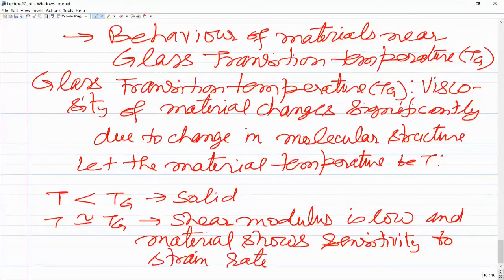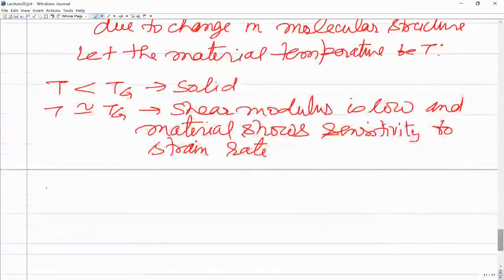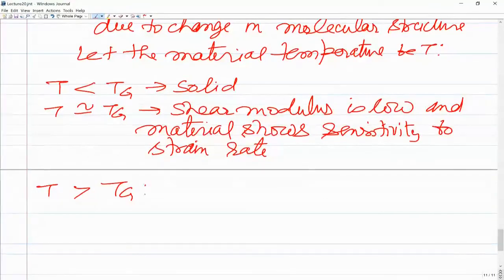Now the third possibility is that the temperature is greater than the glass transition temperature, so T is greater than Tg. In this case, the behavior is hyperelastic, and the sensitivity to strain rate is minimal.